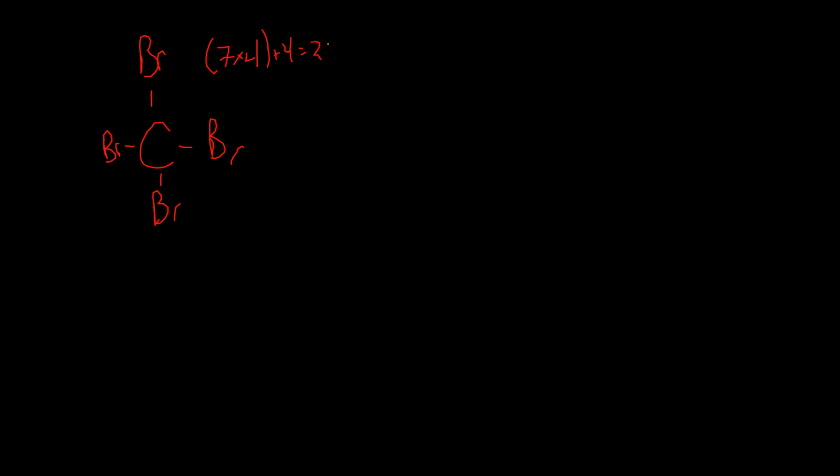So we get 32 valence electrons here. We're going to have a lone pair on each of the bromines, on each side of each bromine. It's not drawn on the very edge of the screen. There we go. So we've got something that's going to have a tetrahedral orientation as well as a tetrahedral geometry.